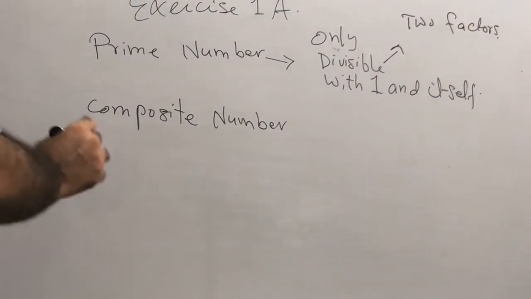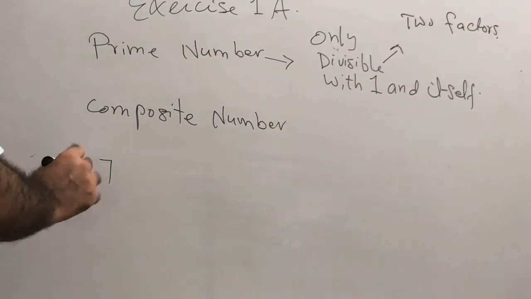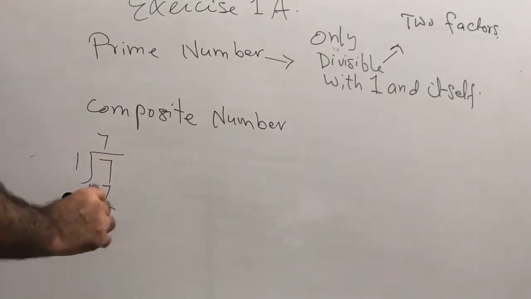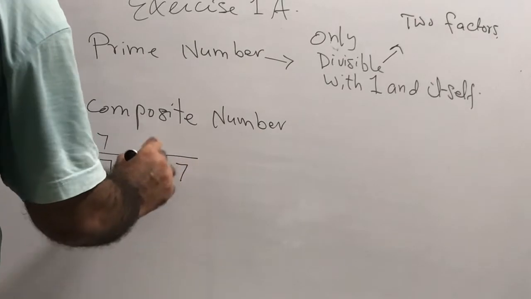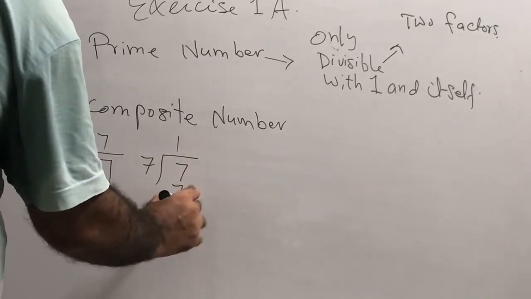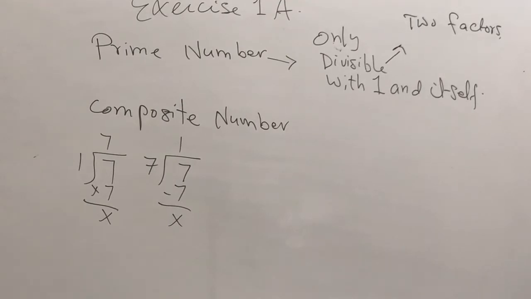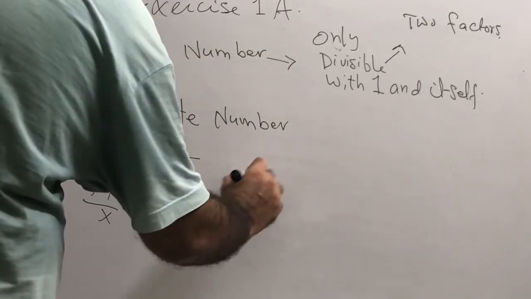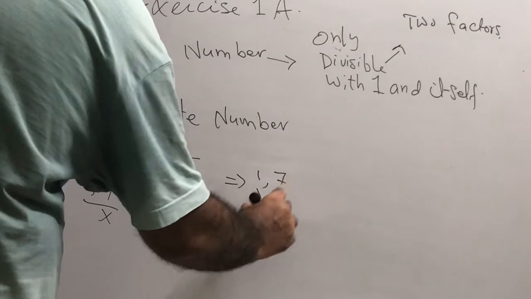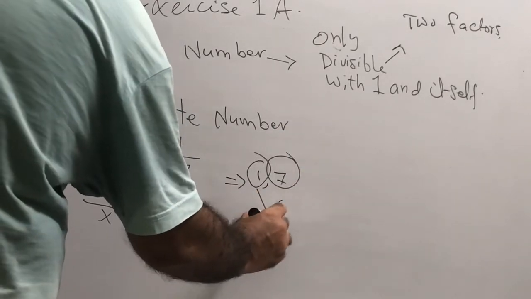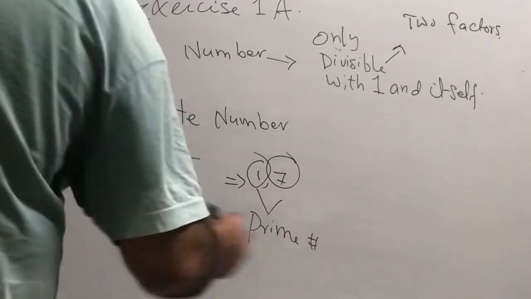Like 7 is a number, we can divide it with 1, 1 7s are 7. We can divide it with 7, 7 1s are 7. There is no other number which is a factor of 7, so it has two factors, 1 and 7. It is divisible by 1 and by itself, so 7 is a prime number.